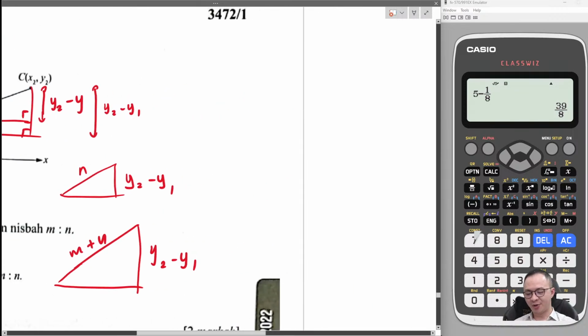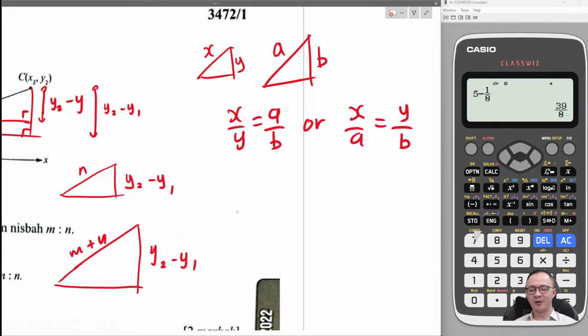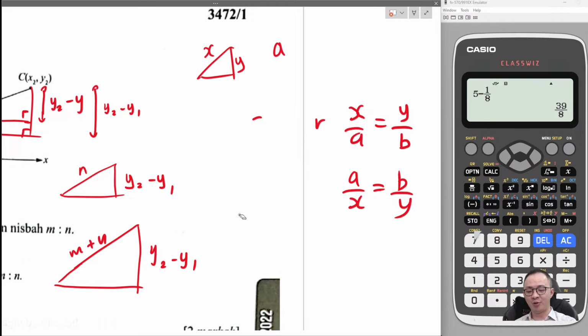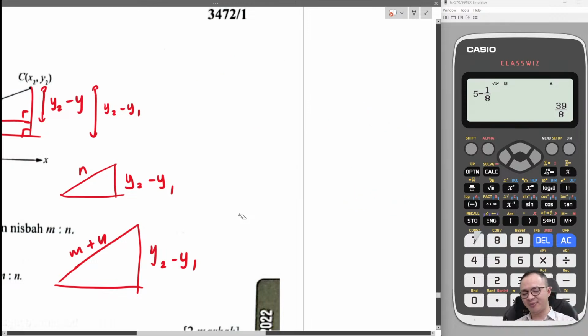Okay, so if we have two similar triangles, this is x, this is y, this is a, this is b, we can say x over y equals a over b, or we can say x over a equals y over b, or I can say a over x equals b over y. Depends how I want to flip. Basically, as long as they are similar triangles, I can always do this. Okay? I hope you get the idea about similar triangles. So right now, I want to use some similar triangles to do this.